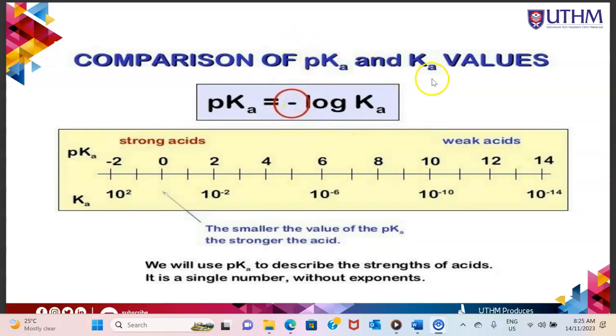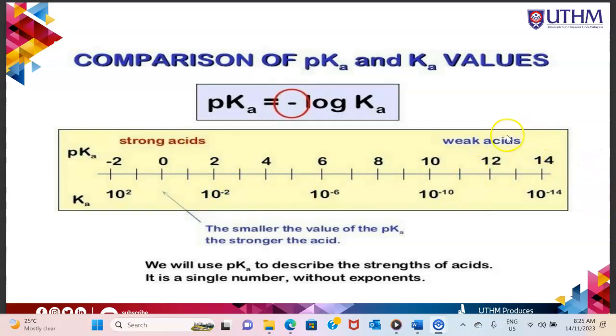Comparison of pKa and Ka values. Since pKa is the negative log of Ka, look at these lines here. So we have pKa and Ka. A pKa of -2 means a Ka value of 10 to the power of 2. And when we have a pKa of 2, we have 10 to the power of -2.